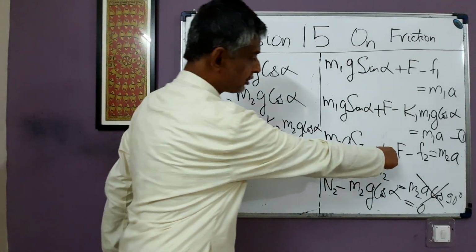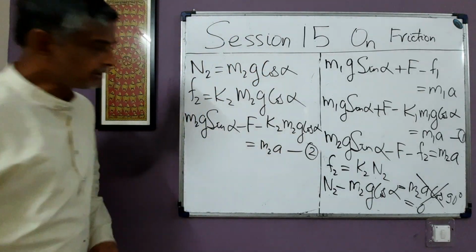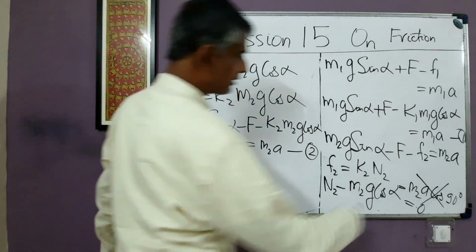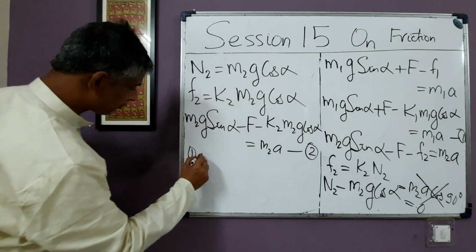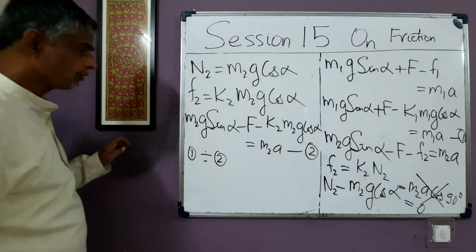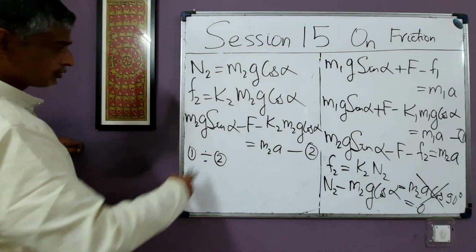Now we have to determine the friction interaction force between the two bodies. So what I do, I divide the first equation by the second equation. A will be eliminated. So what do I get then?